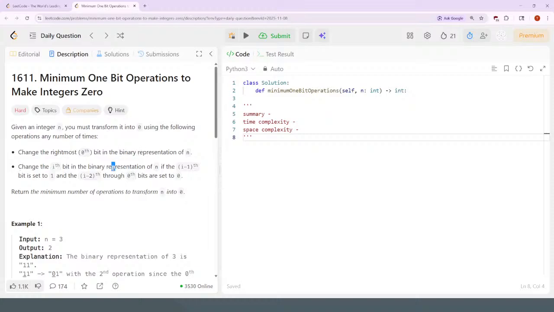Change the ith bit in the representation of n if the (i-1)th bit is set to 1 and the (i-2)th through 0th bits are set to 0. So you're toggling the ith bit, change the ith bit of n.